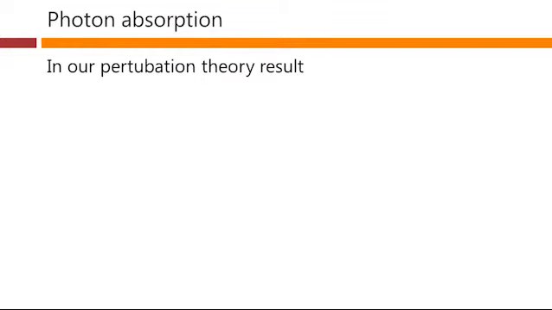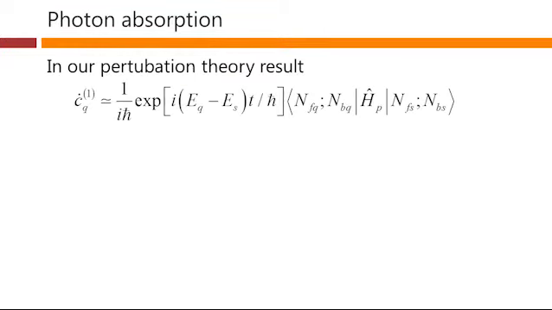Now, in our perturbation theory result, presuming that we started in a specific starting state S and we were looking at the change of the expansion coefficient in state Q, we had this expression from first order time-dependent perturbation theory.